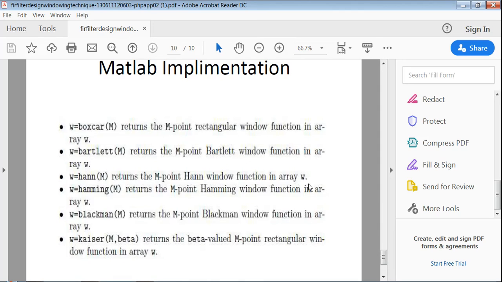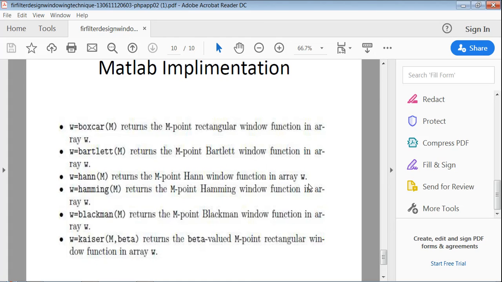See the MATLAB implementation, where ready-made functions are used. Boxcar is used for the rectangular window. Bartlett is used for the Bartlett window. Hann is for the Hanning window. Hamming for the Hamming window. Blackman for the Blackman window.